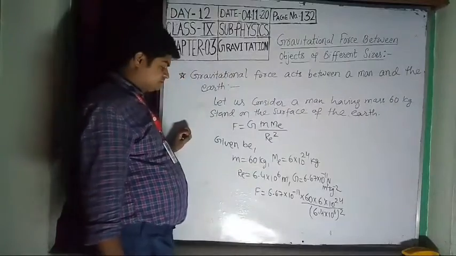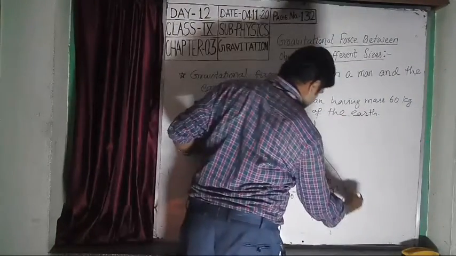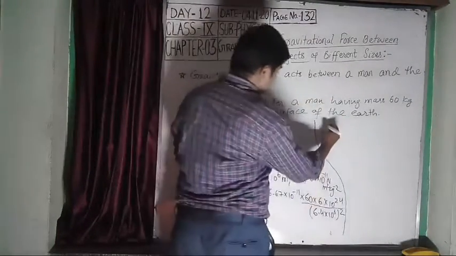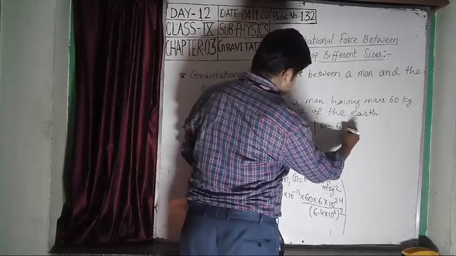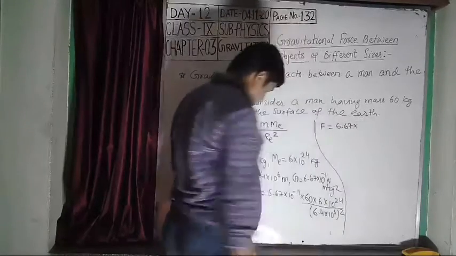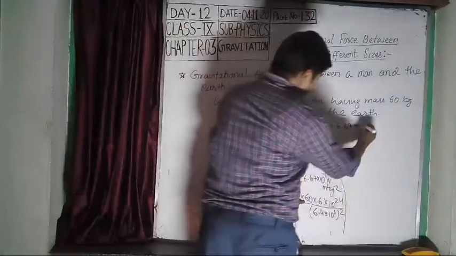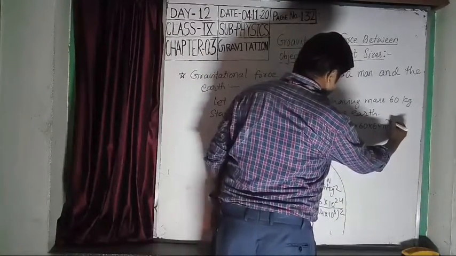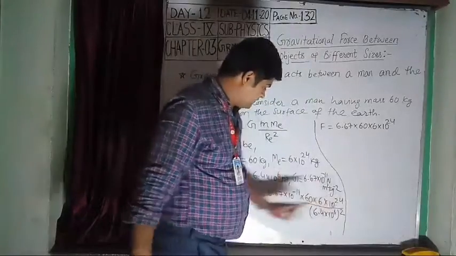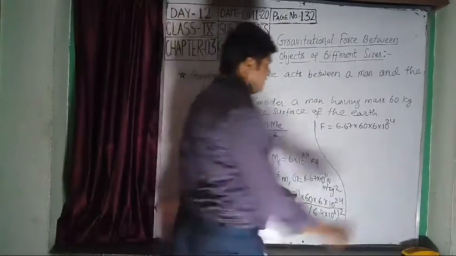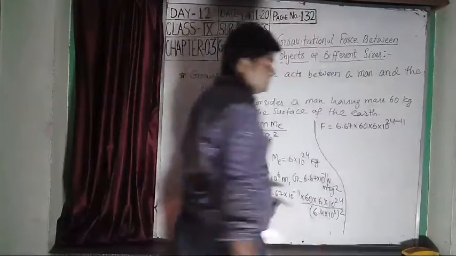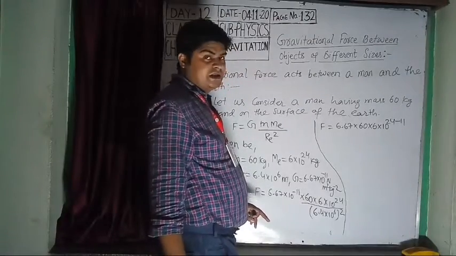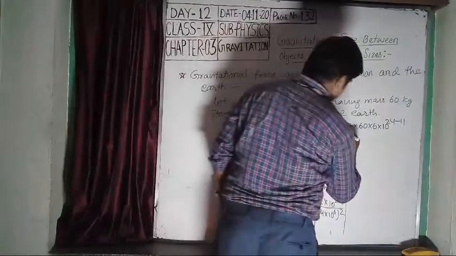Now see the calculation. F is equal to 6.67, you will separate the terms, 60 into 6 into 10 to the power 24 and this is minus 11. So you will write in simplest form 10 to the power 24 minus 11 directly.